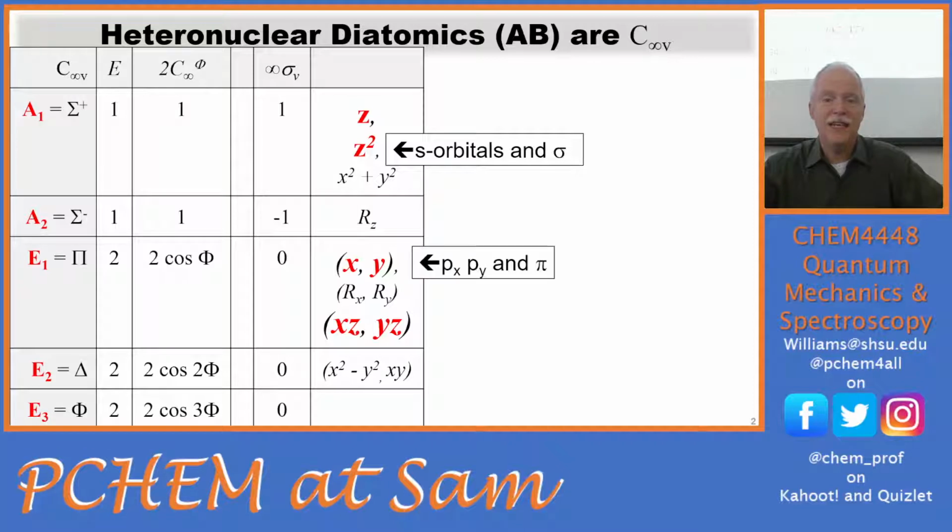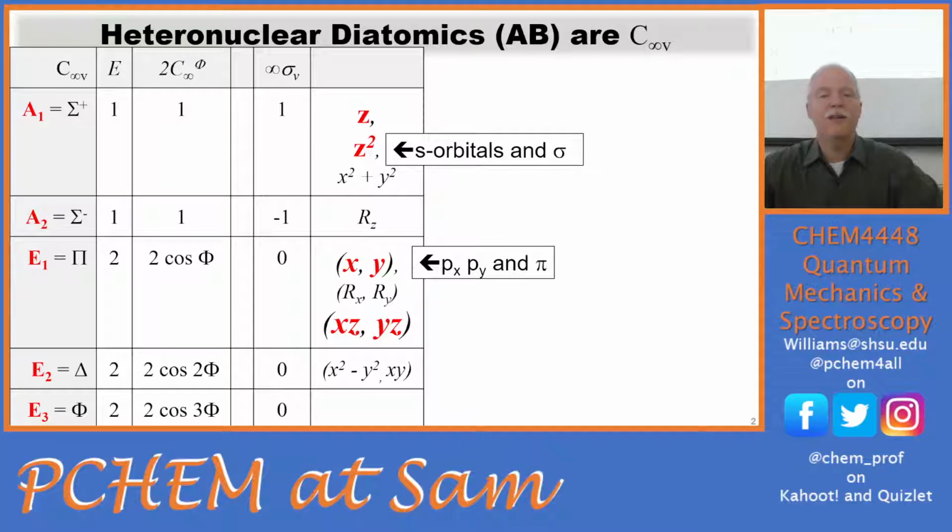The pz, or px and py, are x and y, but so are the pi bonds that they make. So if they're in phase, their symmetry stays the same. If it's px and px interacting with each other in phase, then the pi bond is also an x pi bond. And if they're py and py in phase, then the pi bond is a y. So they're both E1.